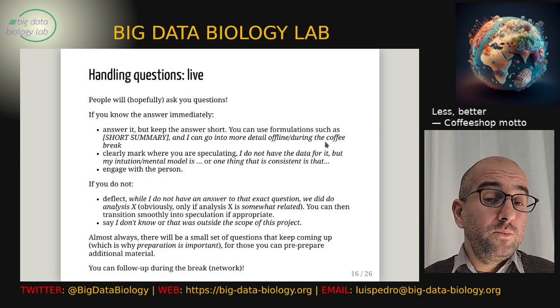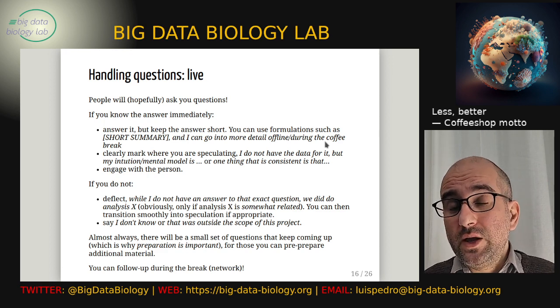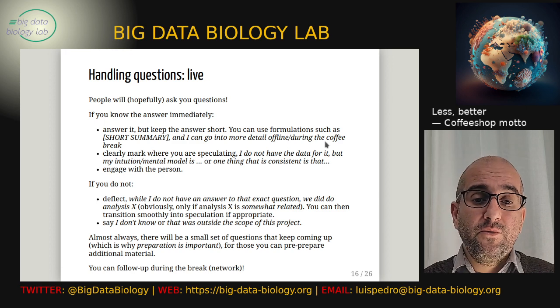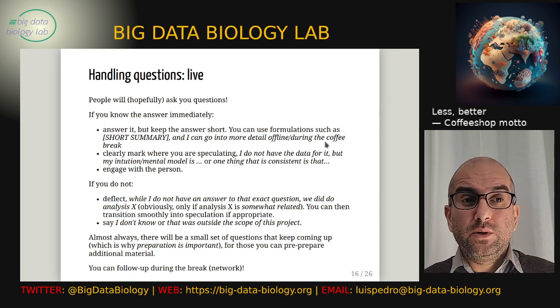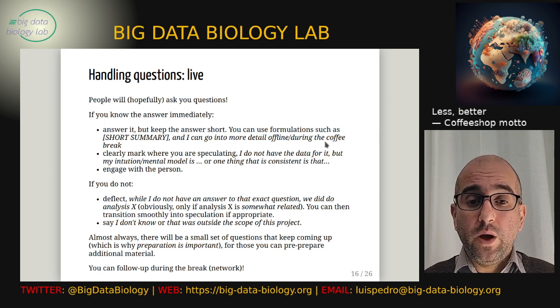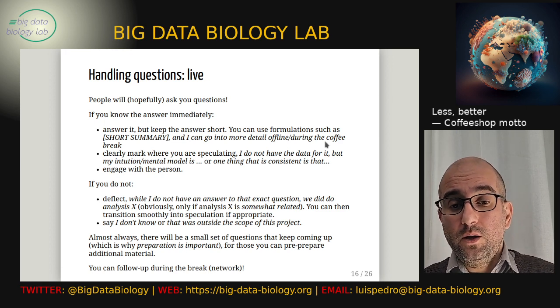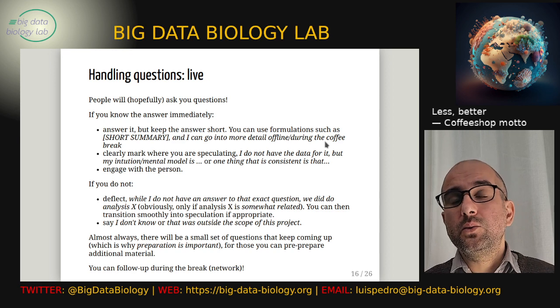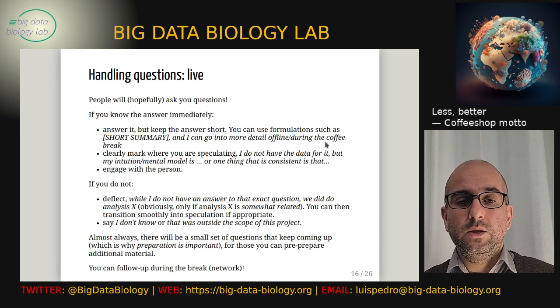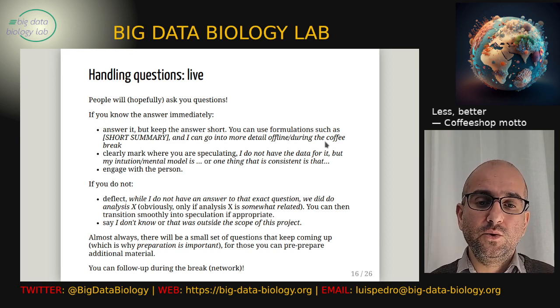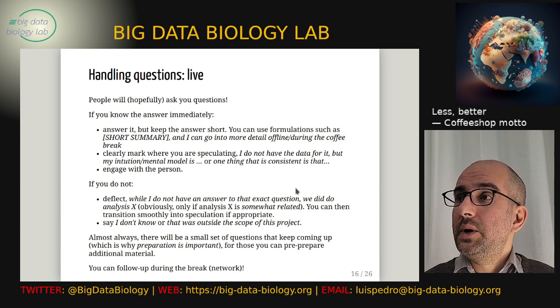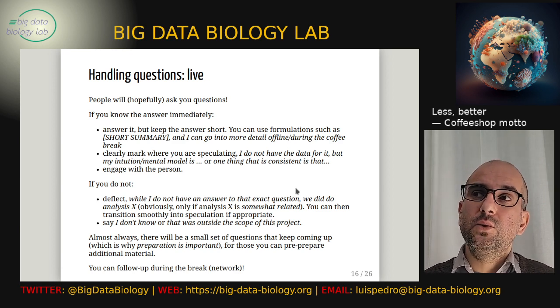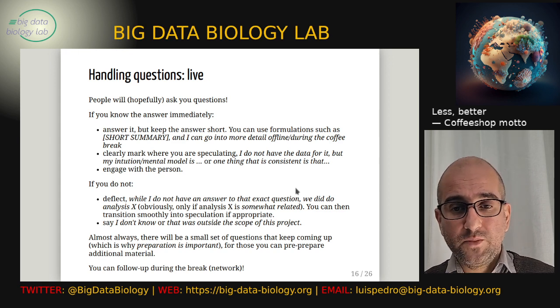All right. So if you don't know the answer, what do you do? The first thing you can do is, the person asks you X and you don't know X, but you know Y, something a little bit related. So you can deflect, and again, you should be clear this is what you're doing. You say, I don't know the exact answer to that question, but here's a slightly related thing that we are doing.